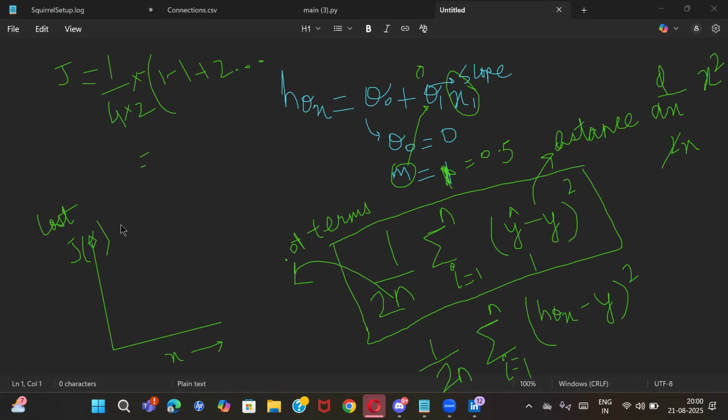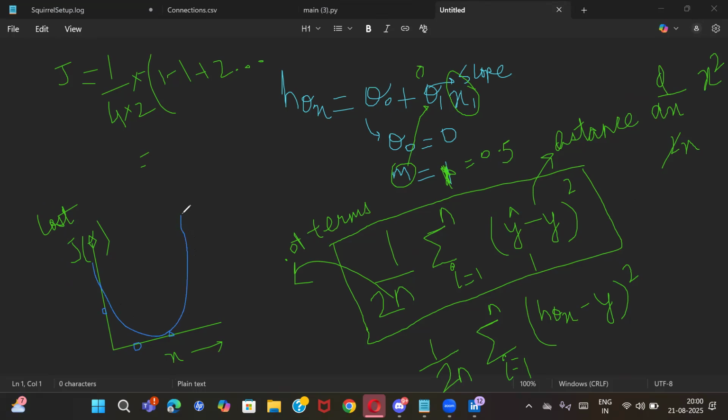you will get a graph like this. You will get a point here. Similarly, for every point you will get a point like this, and if you connect these points, what will you get?